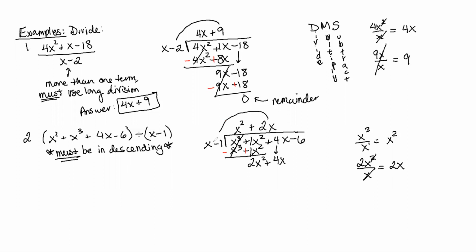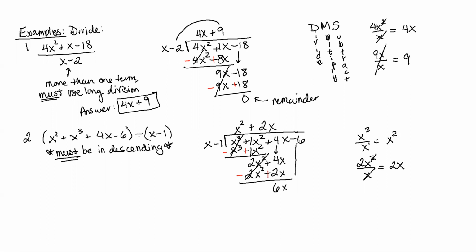So 2x times x, 2x squared. 2x times negative 1, negative 2x. Change the signs and subtract. So minus, plus. And then let's go ahead and actually subtract. So these guys cancel. 4x plus 2x is 6x.